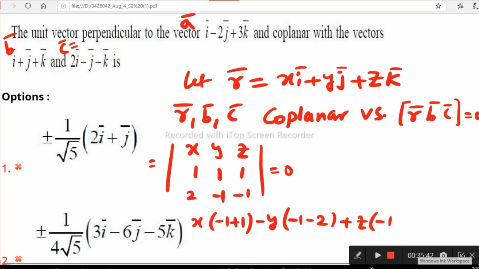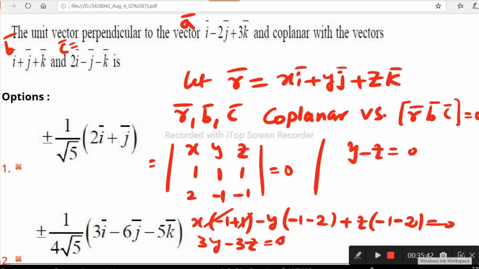Z also you got the same, right, equals to 0. Now the x term gets cancelled. What you got? Minus y of minus 3, that is 3y. 3y minus 3z is equal to 0, right? So 3 gets cancelled. What you got? y minus z is equal to 0.